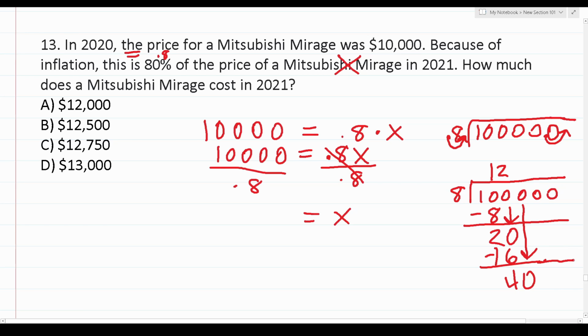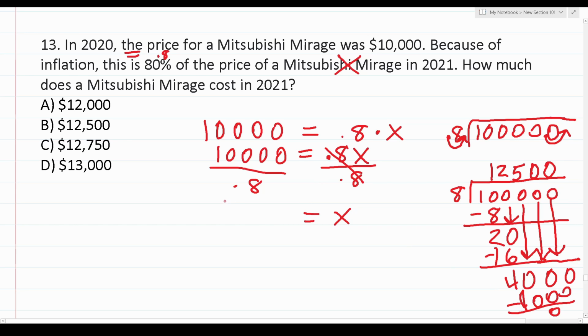So what we want to do to speed up the process here is drop down these 2 other zeros. Because if 8 goes into 40 5 times, that means 8 goes into 4,000 500 times. 8 times 500 is 4,000, and we can see there's no remainder.